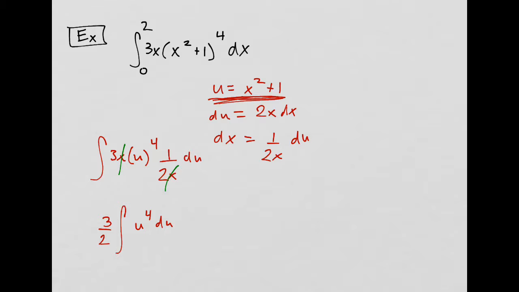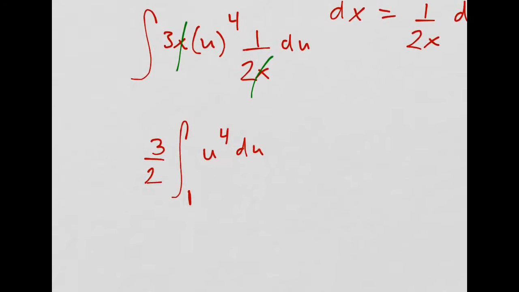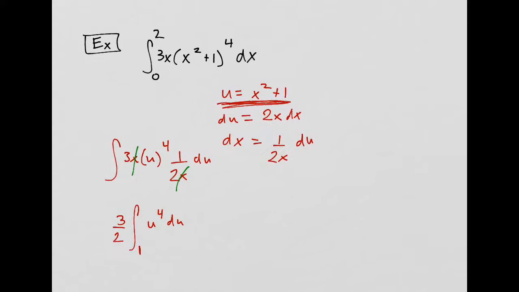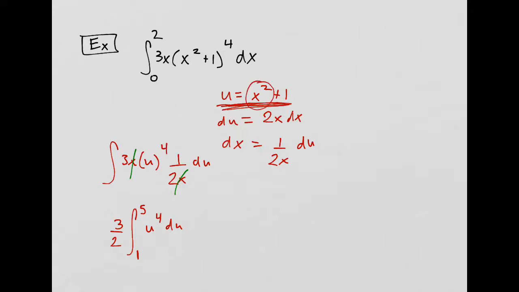So when x is 0, we put a 0 in there. 0 squared plus 1 would be just 1. So this value is 1. What's the top value? 5. Just by putting in a 2 there, 2 squared plus 1 is 4, plus 1 is 5.